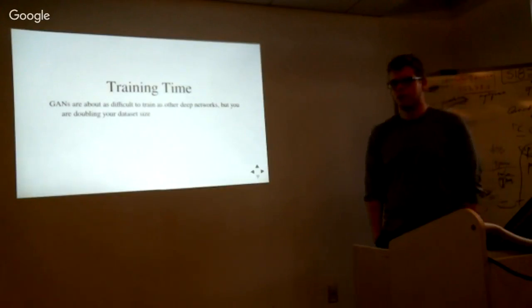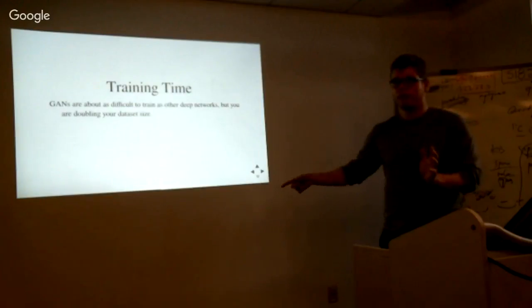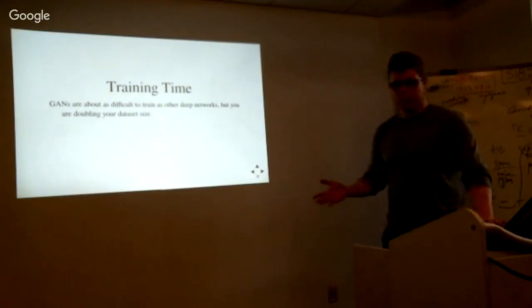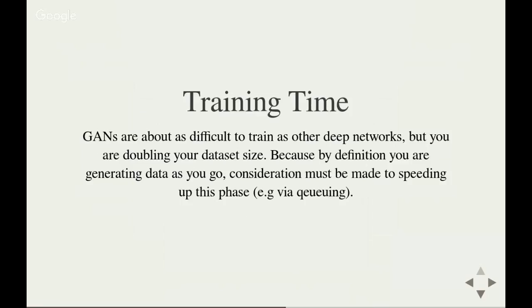Because you have some training data input that you're sampling from, but then you also have your generator, which is producing data that you're going to feed into your discriminator. So one consideration is, because you're generating this data as you go along, you might want to speed up this phase by queuing. While your discriminator is doing its updates based on the batch that it just saw, you might want to be creating new batches so that you can have them ready to go for the next time around.